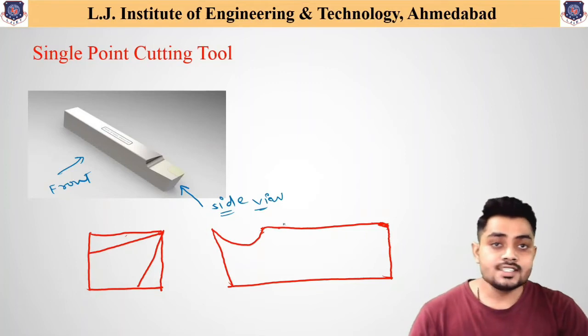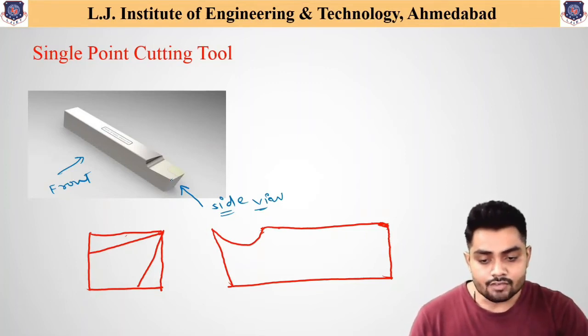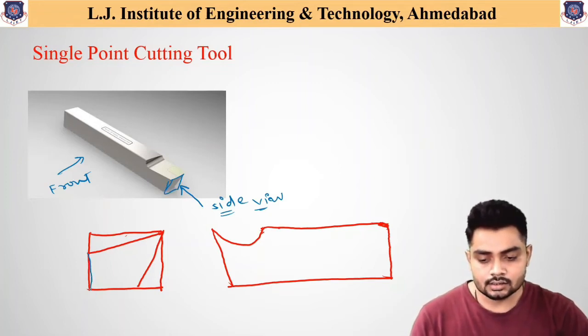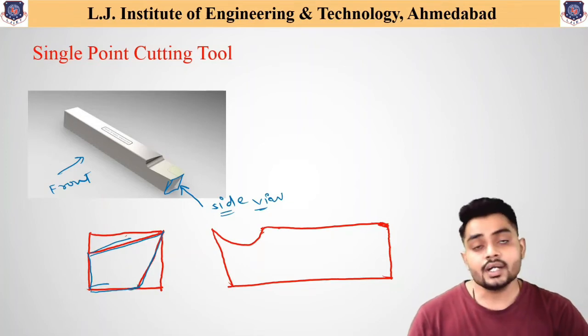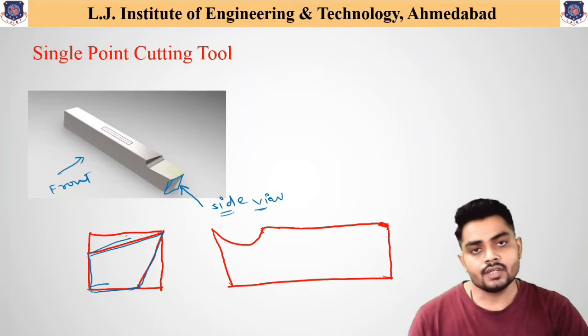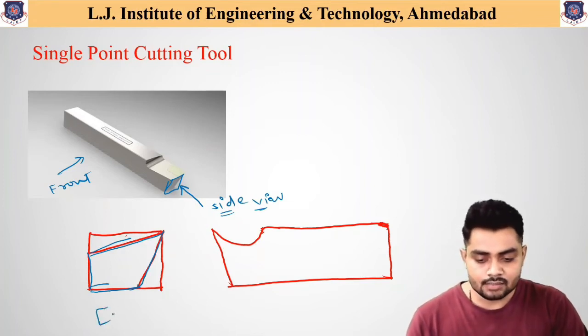So now as you can see the side view, a similar figure you can see if you draw this particular portion. This is the major portion that you can see properly from this particular figure. So this view is nothing but the side view.